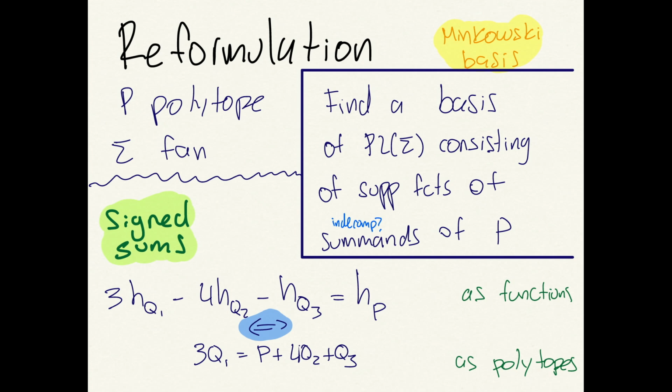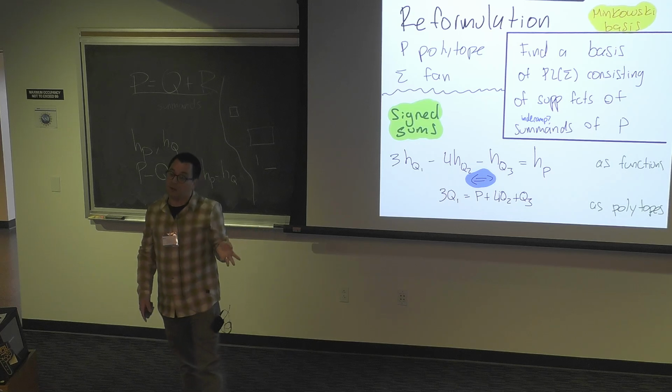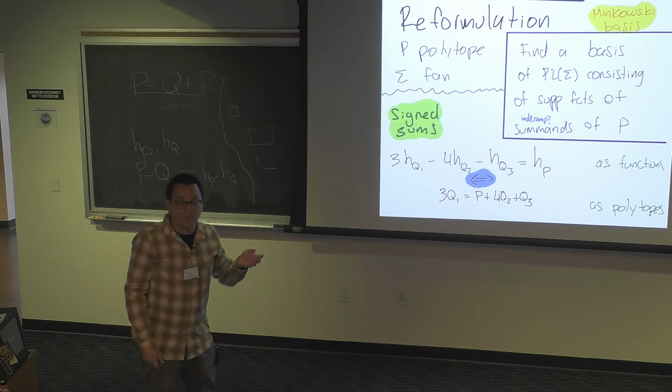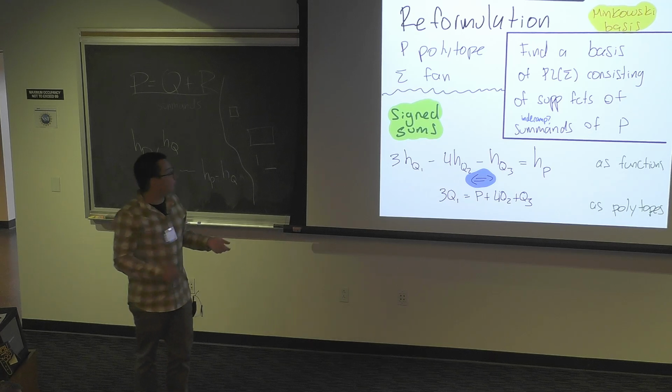It's like having a number, 20 equals 5 times 10, but I want that 10 I can keep decomposing. So ideally, I want to take P and write it not just as the sum of 2, but maybe the sum of several polytopes, and hopefully indecomposable, because otherwise I can keep decomposing.